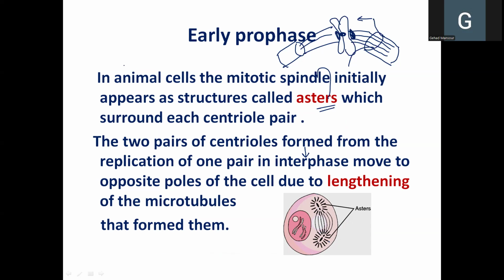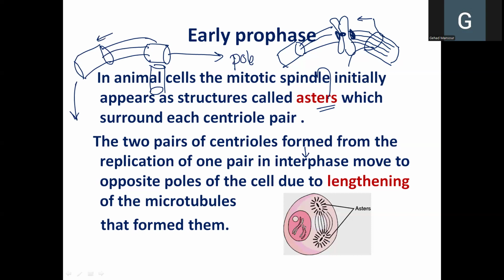And as they move to opposite poles of the cell, the microtubules lengthen and lengthen, meaning that, for example, if I have one of the two centrioles in this pair and another one in this pair, they are joined by their microtubules as they go farther from each other towards the opposite poles of the cell. These microtubules nucleate more and more and lengthen.